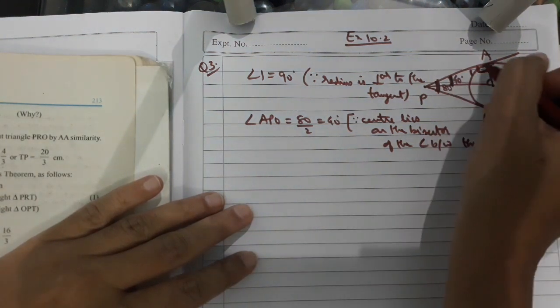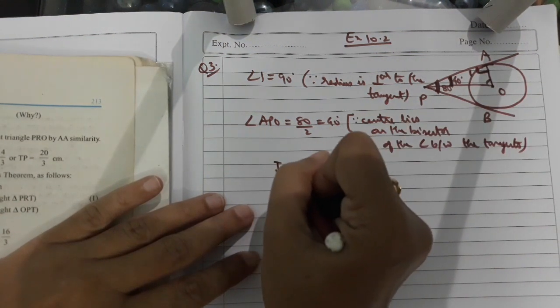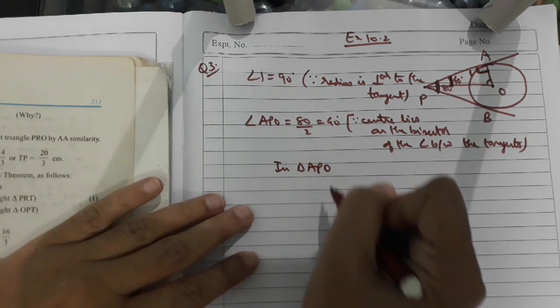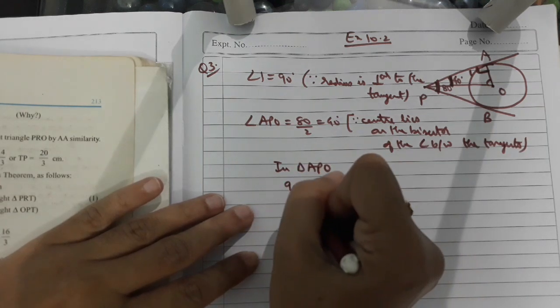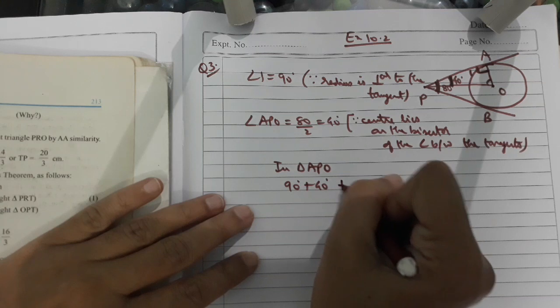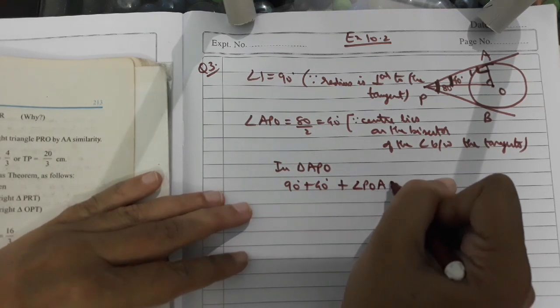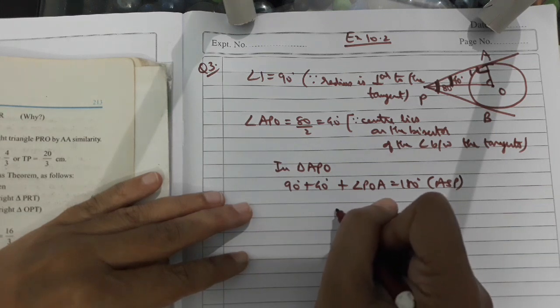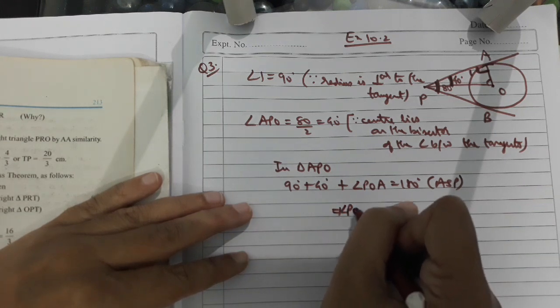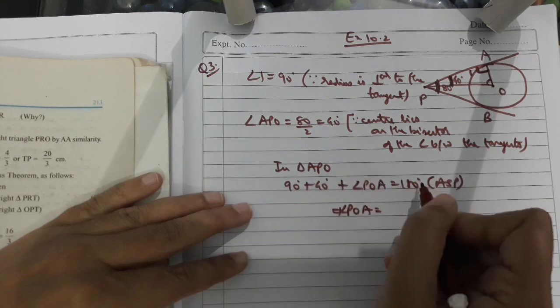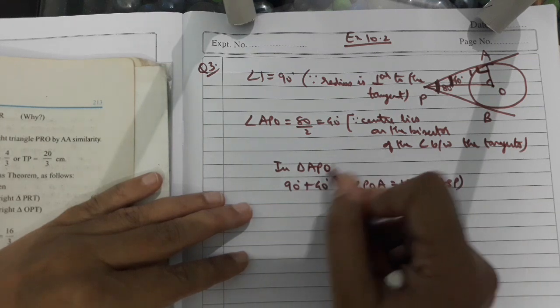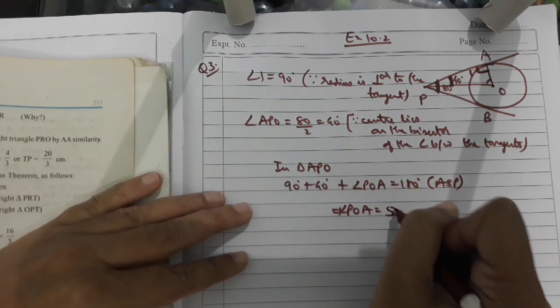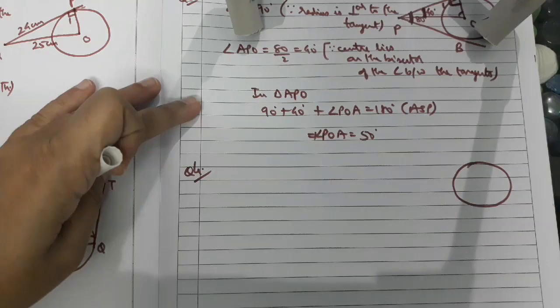Now we know this angle, we know this angle. So in triangle APO, we apply angle sum property. So 90 degrees plus 40 degrees plus angle POA is equal to 180 degrees by the angle sum property. So from here, angle POA comes out to be 180 minus 90, that is 90. 90 minus 40, that is 50 degrees.